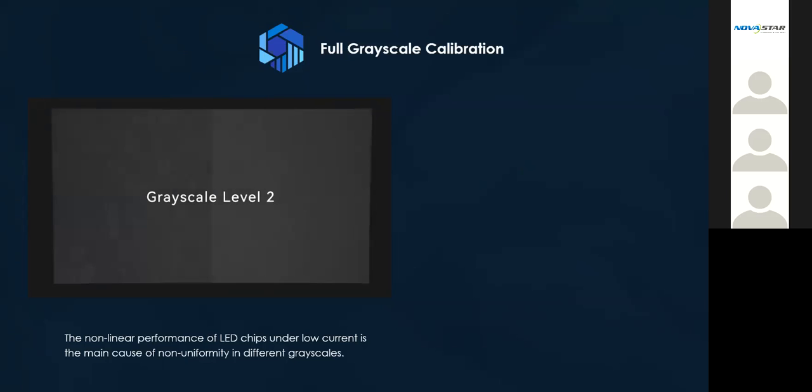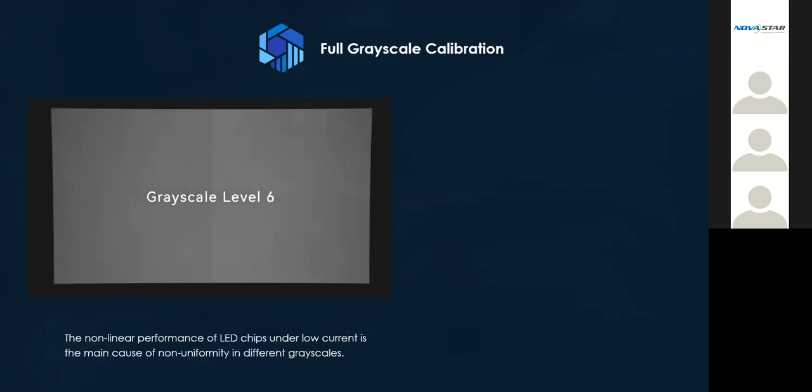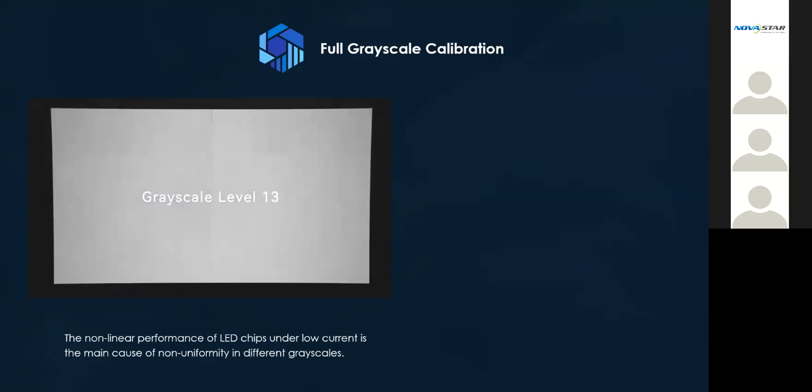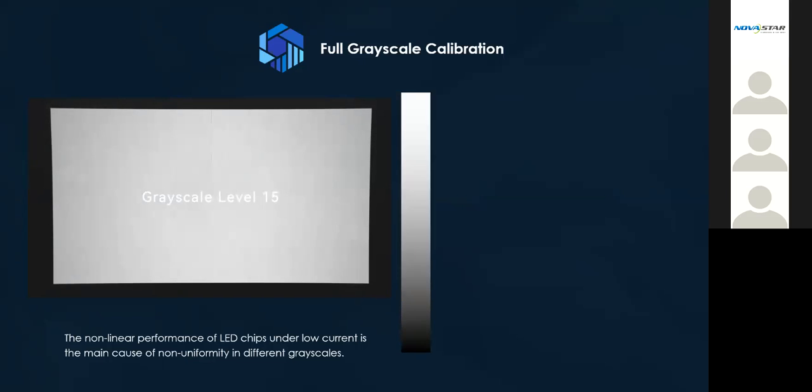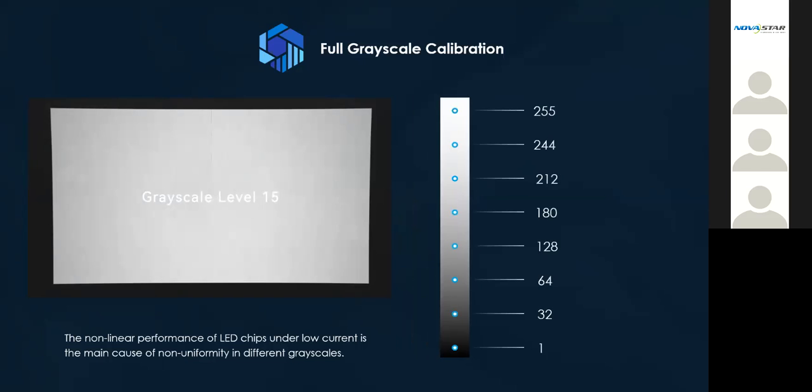Here is a comparison. The left side with the traditional calibration, right side with the new calibration technology. As you can see, the right one performs way better in low grayscale than the left one. Also, the calibration coefficients are generated per grayscale.